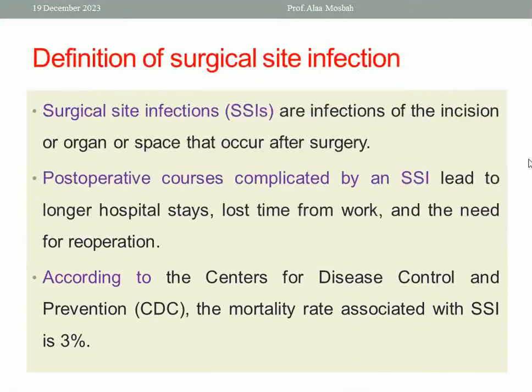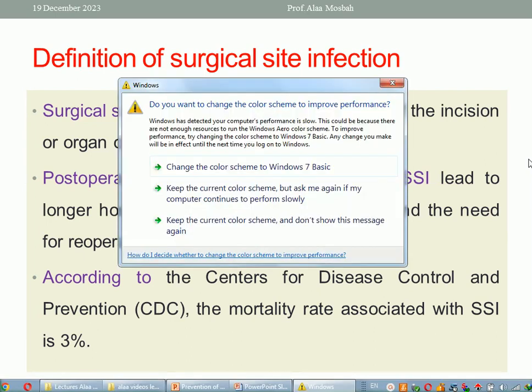Let us start with the definition of surgical site infection. Surgical site infections are infections of the incision or organ or space that occur after surgery. Simple like that. Postoperative courses complicated by a surgical site infection lead to longer hospital stay.